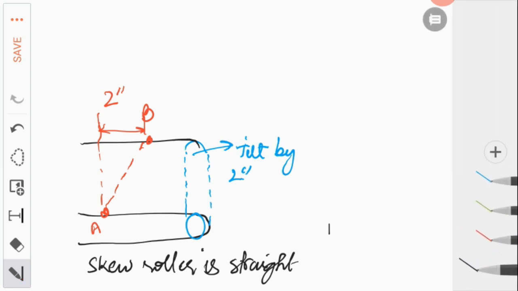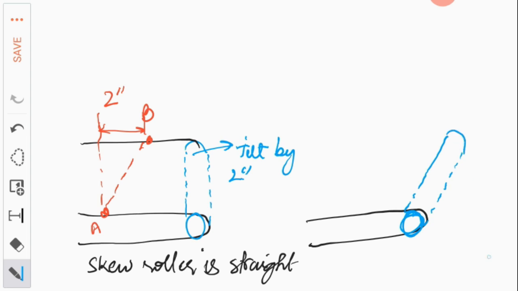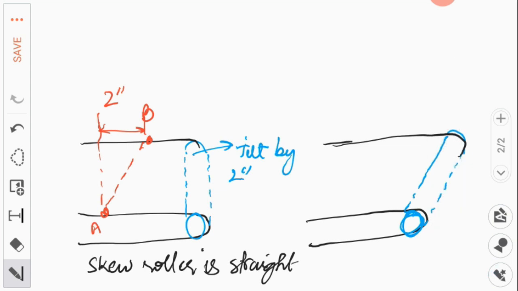So when the skew roller is tilted, it appears like this. If I try to draw it, it's no longer straight, it's now tilted by 2 inches. It's like this.